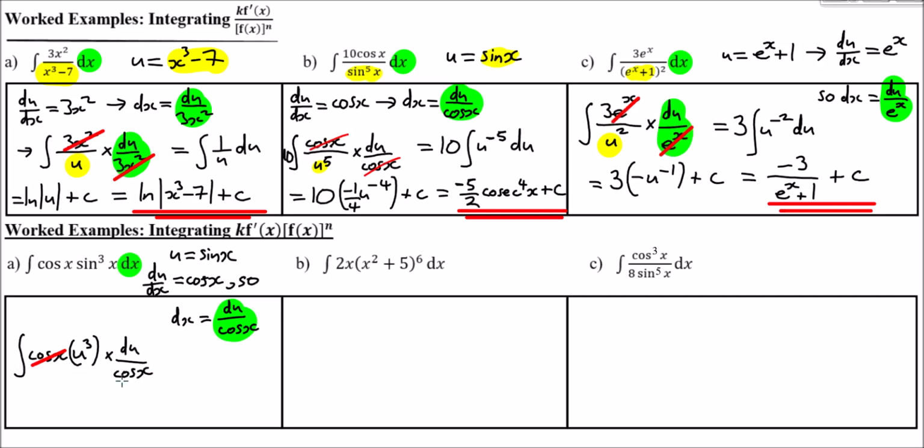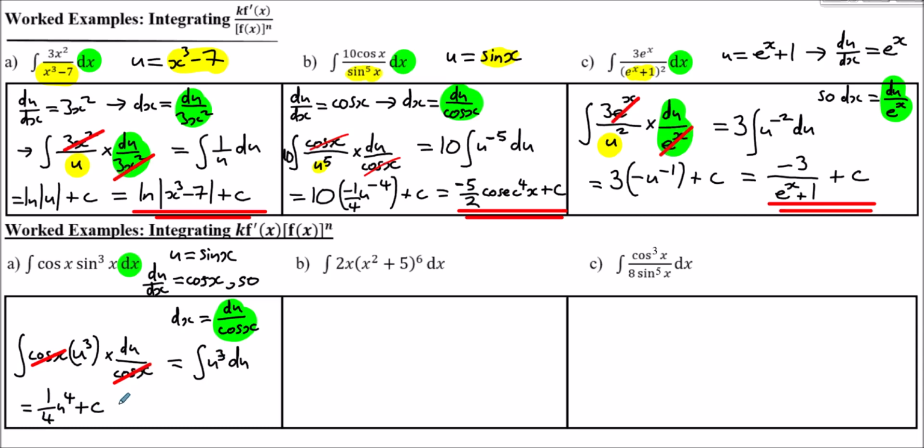So cosine x cancels, and u cubed du is what we're integrating therefore. Easy. Year 12 stuff this. So add 1 to the power, divide by the new power. u to the 4 divided by 4 gives us a quarter u to the 4 plus c.